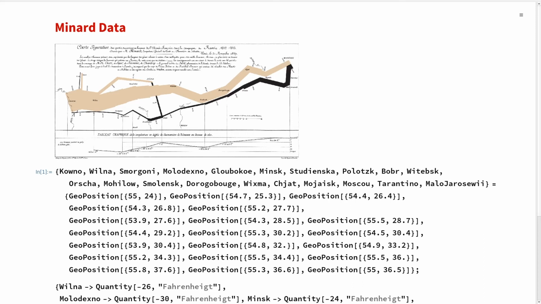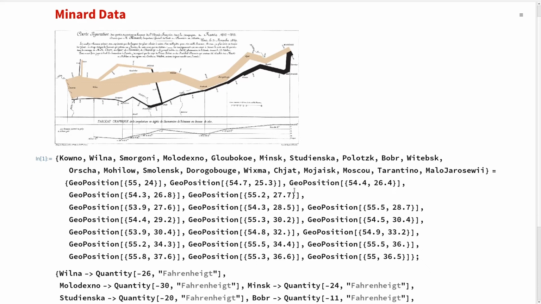We'll take a look at the Minard data set, which looks at the French invasion of Russia in 1812. This data set has a few different types of data associated with it, so let's take a look at them.